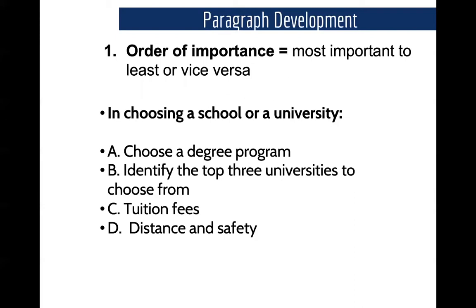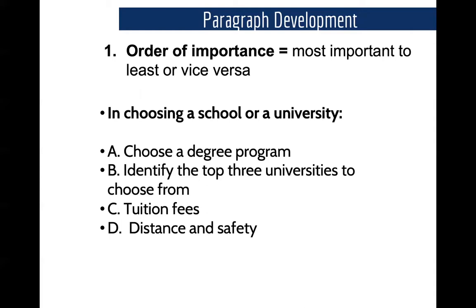So for the order of importance, as I said earlier, you have to consider the most important events or most important information to the least important, or the least important first, then moving on to the most important. For instance, in choosing a school or a university for college, high school graduates, these are the details or the main points that can be covered.